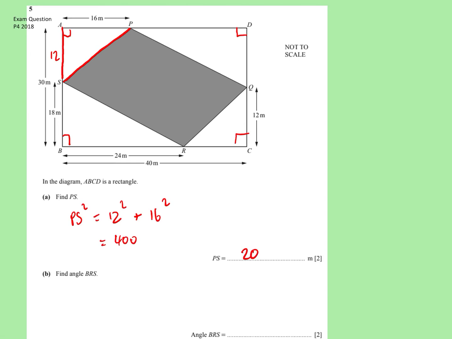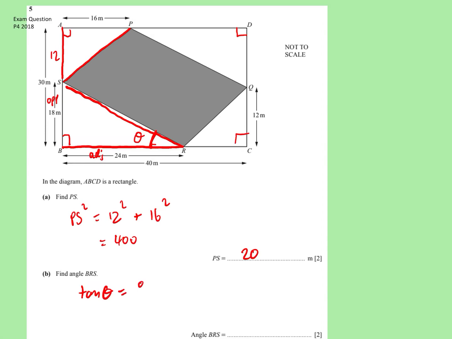Find the angle BRS. This is the angle I want to know. This angle here. Okay? Very simple. Let's label some sides. I've got an adjacent, that 24, and I've got an opposite, that's 18. So it's a tan.